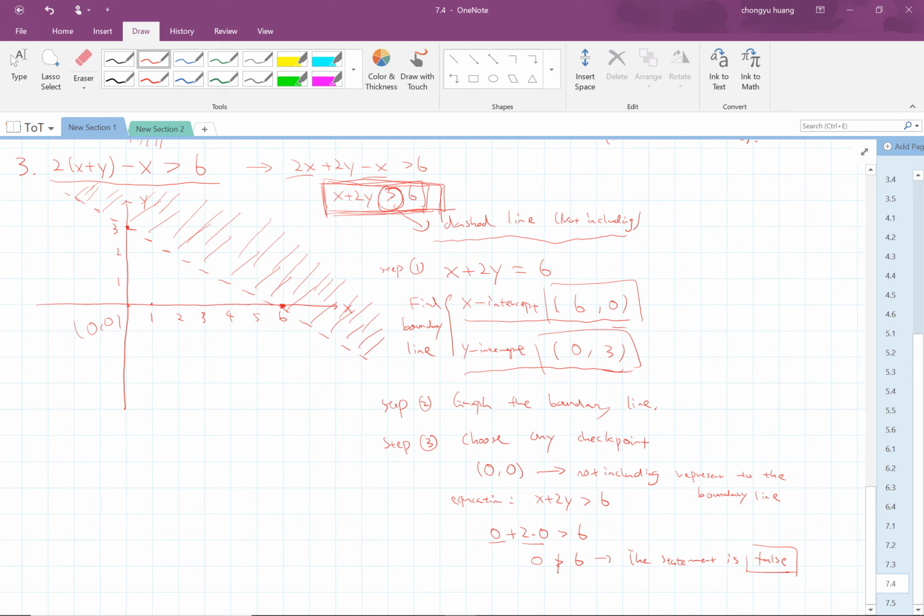The statement for (0, 0) is false, so we cannot include the half plane which has (0, 0). We have to include the other half plane, not including (0, 0).